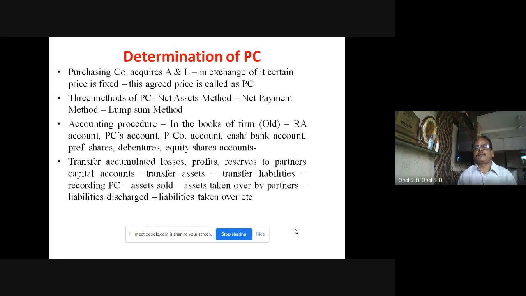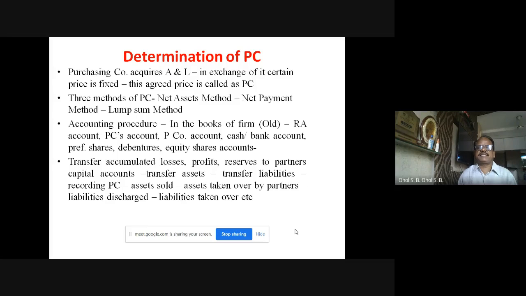The other very important thing in the accounting treatment is the transfer of accumulated losses. Accumulated losses means whatever losses are given in the balance sheet. Profits, general reserve, capital reserve are to be transferred to the partners capital account.